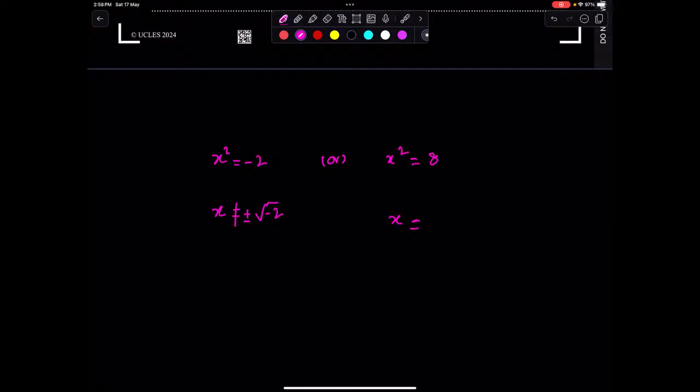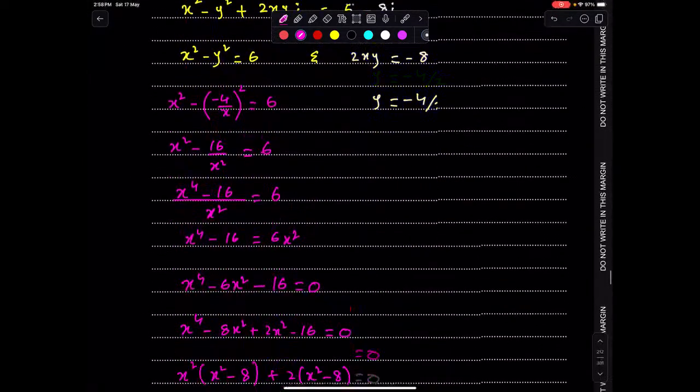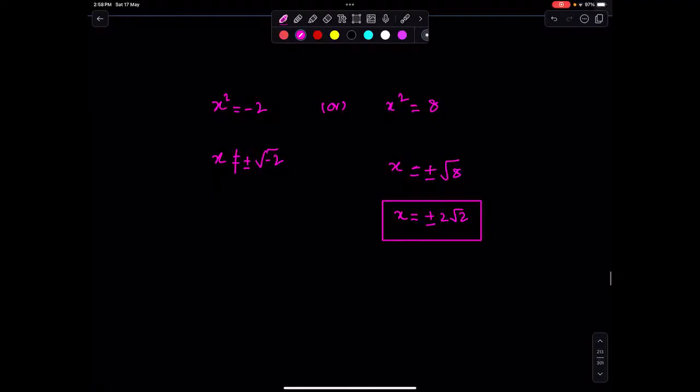And from here we will get plus minus under root 8, which will become plus minus 2 root 2. So these are the values of x. It's mentioned x and y are real. That is why I ignore negative answer, this one.